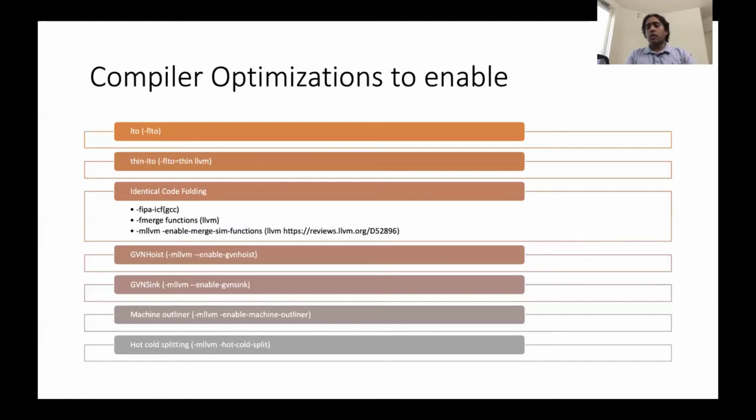It also does link time optimization, but it is not as aggressive as the full link time optimization. But you'll still get almost 80 or 90% of the optimization in thin LTO, but not everything. This optimization was enabled to reduce the build time.